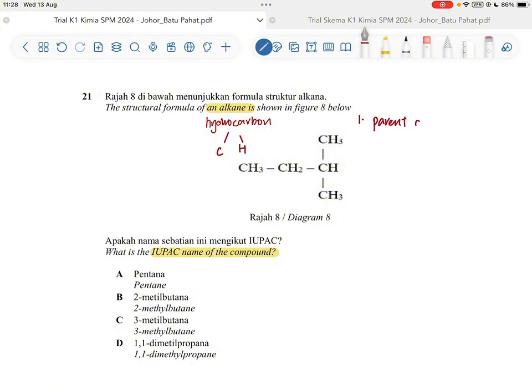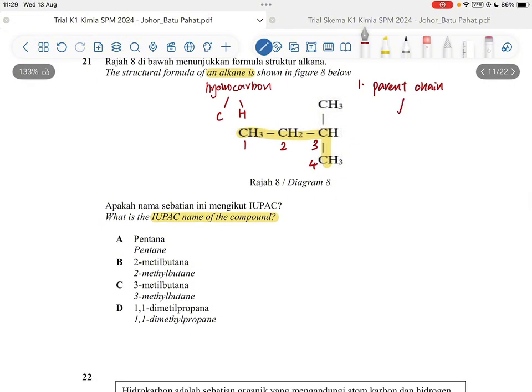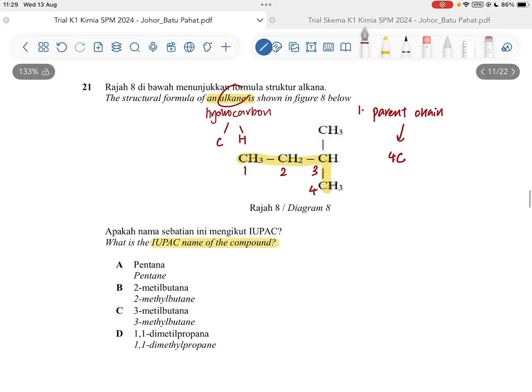How to identify the parent chain? You need to find the longest carbon chain that you can make. In this case, we can see that this is the longer chain. Why I say so is because this is the first carbon atom, second, third, and fourth. So this parent chain has 4 carbons, and for an alkane that starts with 4C, it is butane.